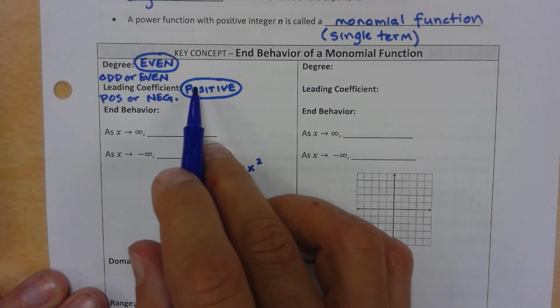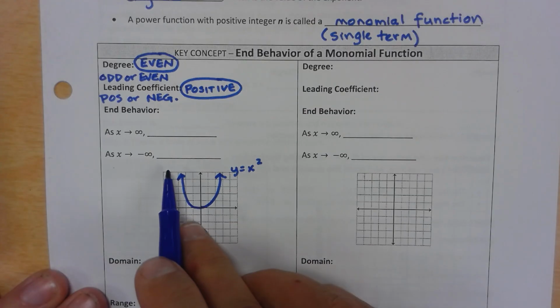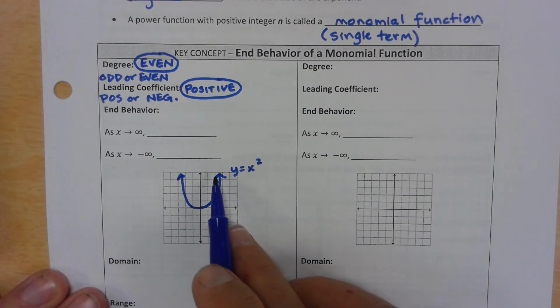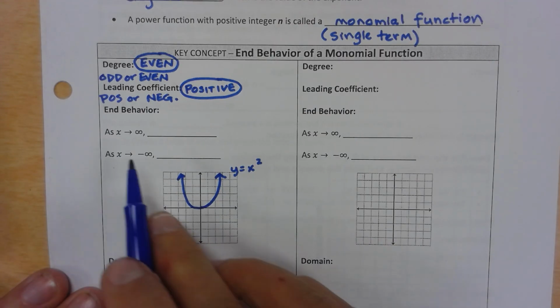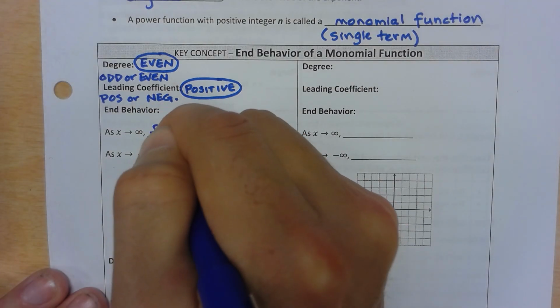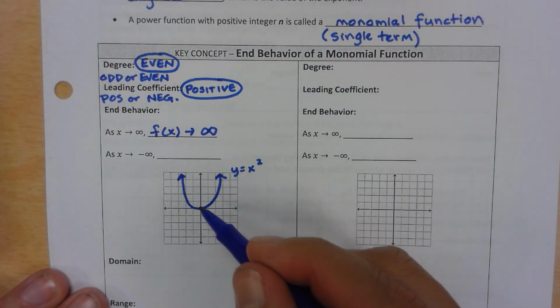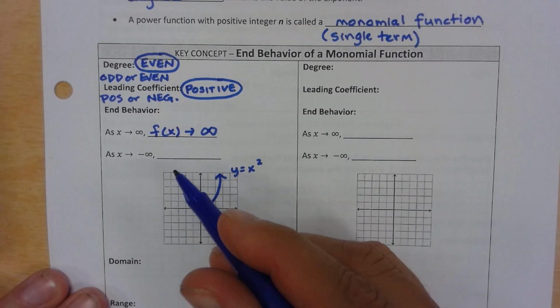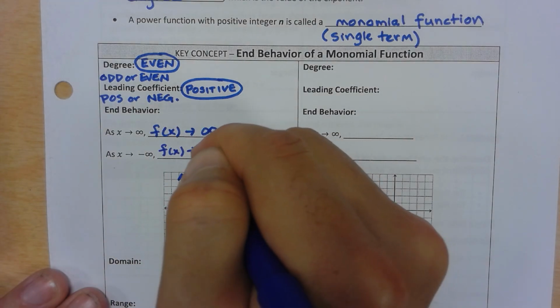So for an even positive monomial function, our graph will start up, but it will also finish up as we go from left to right. So as x approaches infinity, f of x approaches infinity. And as x approaches negative infinity, f of x is also approaching infinity.